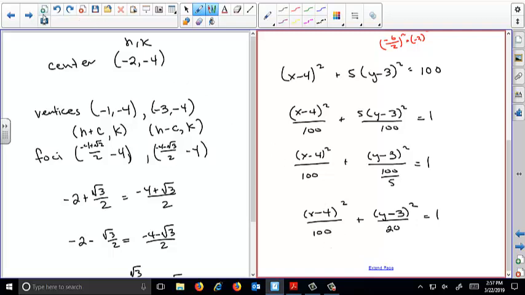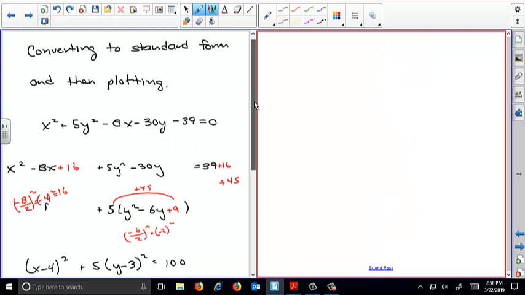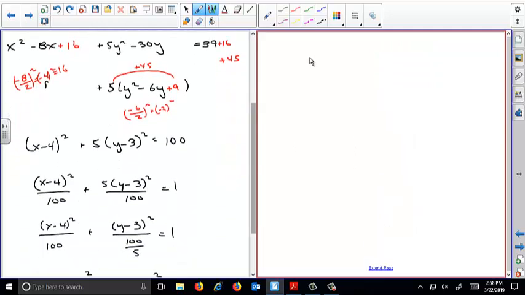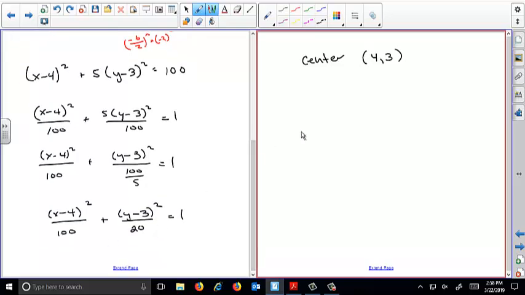So now once you have it in standard form, you can find all the other stuff out. So the center is going to be at 4, 3. Because 100 is larger than 20, major axis is in the x direction.